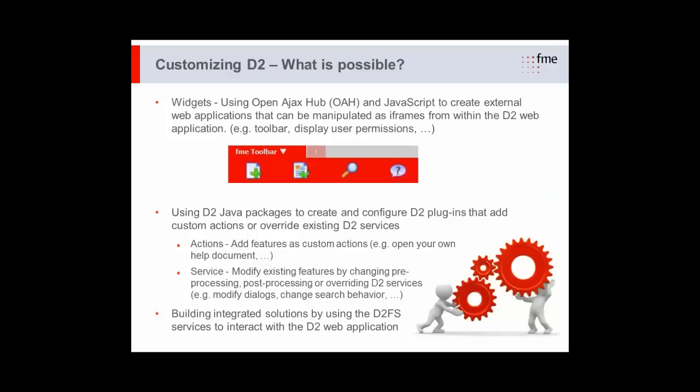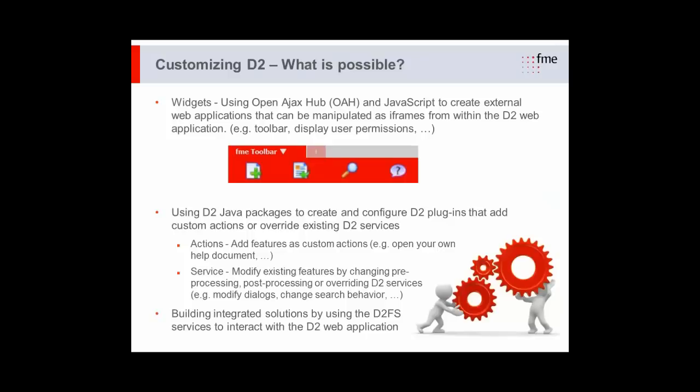On the technology side, for widgets you can use any web framework you are familiar with. The only thing is that the framework should support JavaScript to communicate with the Open Ajax hub. So you can use modern frameworks like AngularJS or GXT, or also JSPs with some JavaScript.